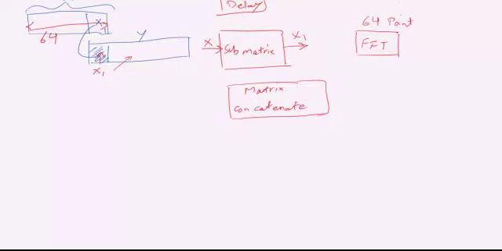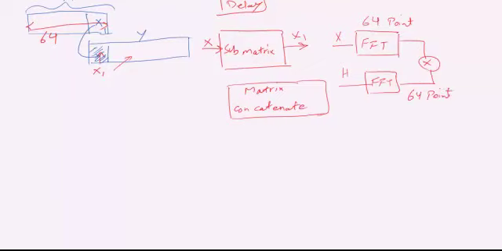The important part is that when you take the FFT of your sequence, let's call it X, and the FFT of your filter sequence, let's call it H, and you want to multiply them in the frequency domain, you have to make sure that both outputs of the FFT are 64 point.